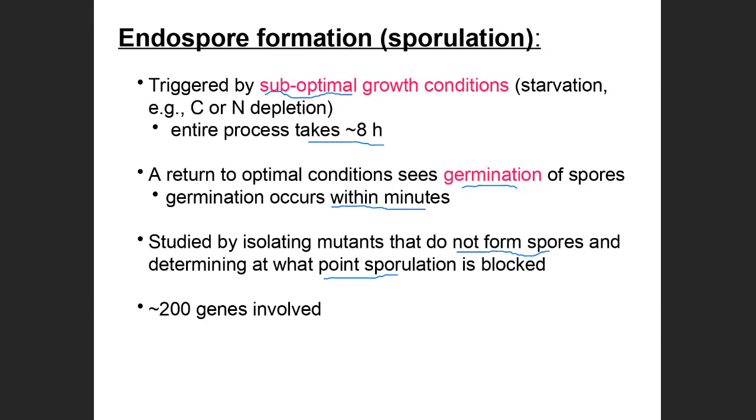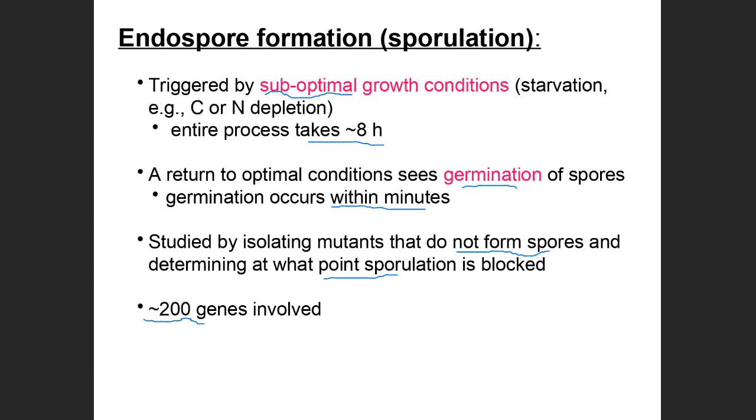They investigate others and see a block at another point. If you combine the whole series of investigations, they give you an indication of how the spore is formed from the time it began to the time it matures. So they noticed that about 200 genes are involved in the sporulation process.